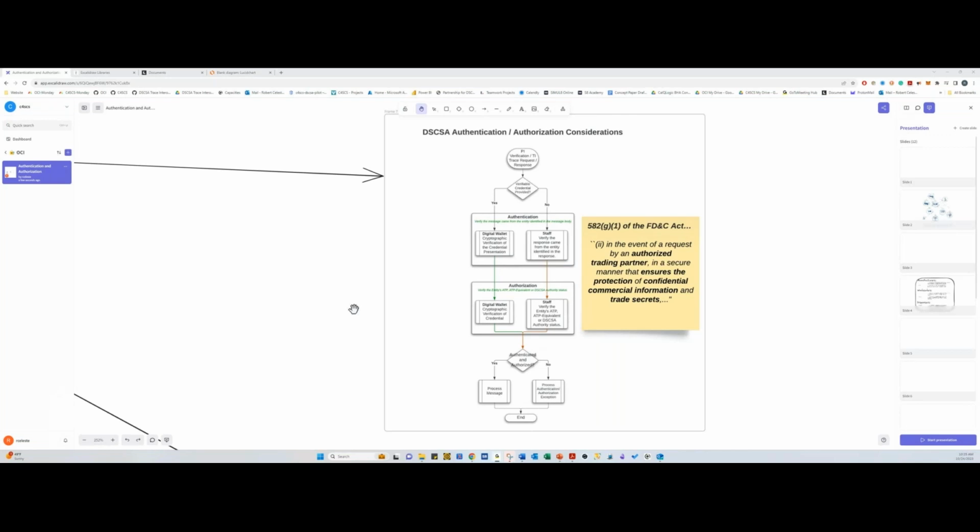In that case, you'll need to take the information that you've either received or are providing and verify that entity's identity, and also verify whether they are an ATP equivalent or a DSCSA authority using the information that's available to you.